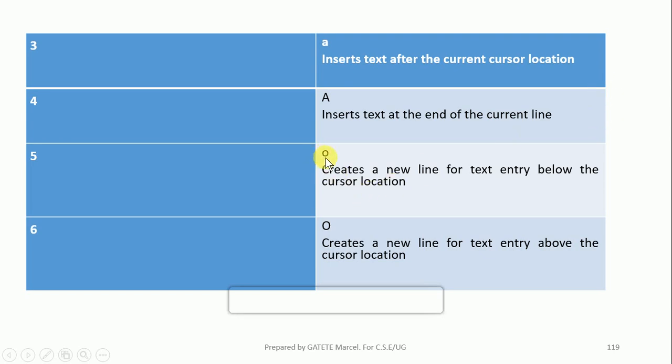If I press O, it will create a new, empty line below the cursor location where you can insert text. If I put uppercase O, it will create a new line for text entry above the cursor.